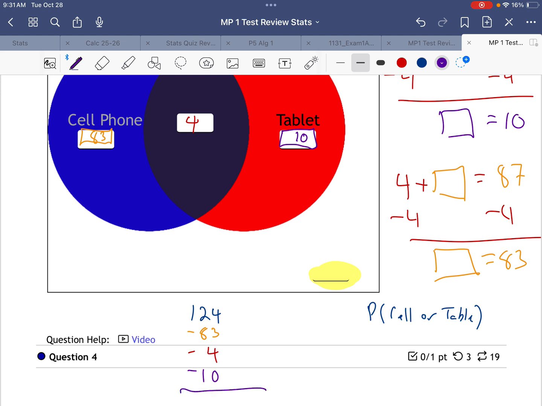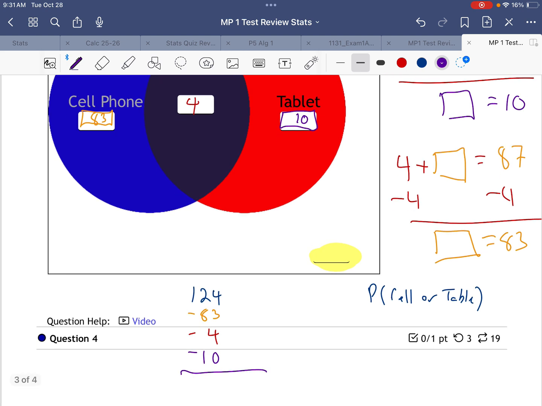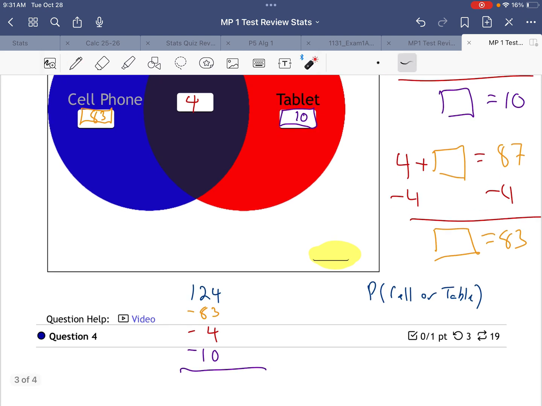So in this example here, if I'm taking away 4, this would be like 120. If it was 3 here, this would be 7. And now I've got 110 minus 10.